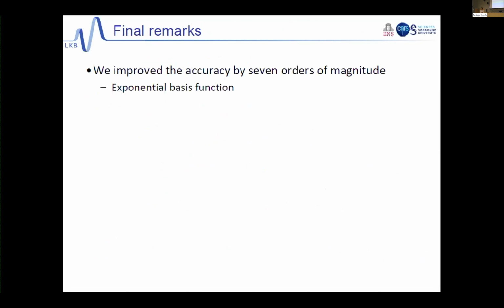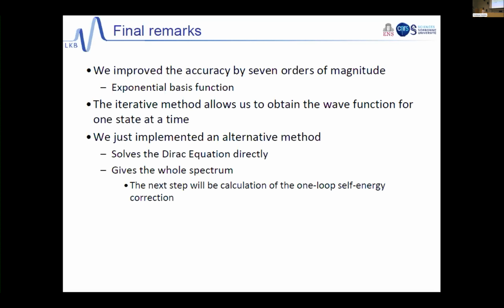So some final remarks. We improved the accuracy by 7 orders of magnitude with respect to the work that was available when we started doing this work. And this is largely due to the use of the exponential basis function. The iterative method allows us to obtain the wave function for one state at a time, but we just implemented this alternative method by solving the Dirac equation directly, and it gives us the whole spectrum.